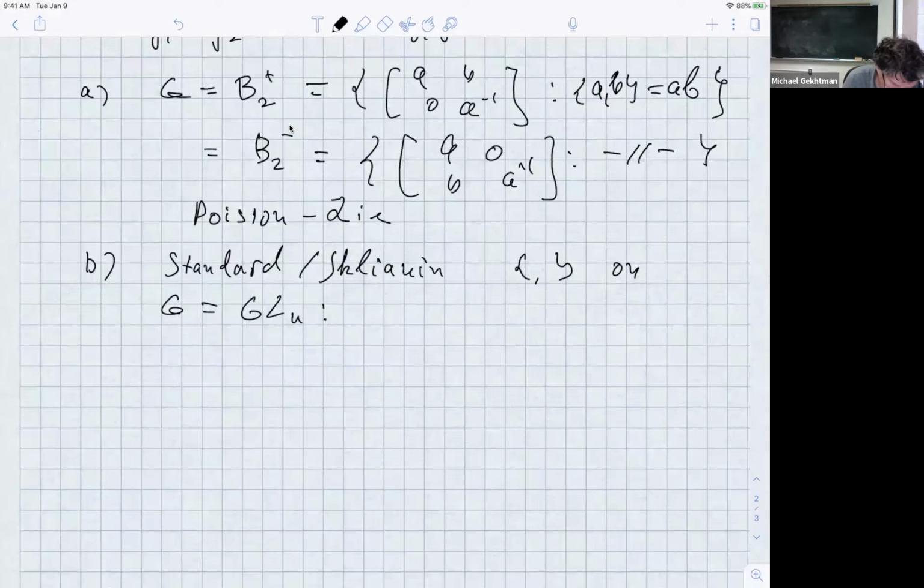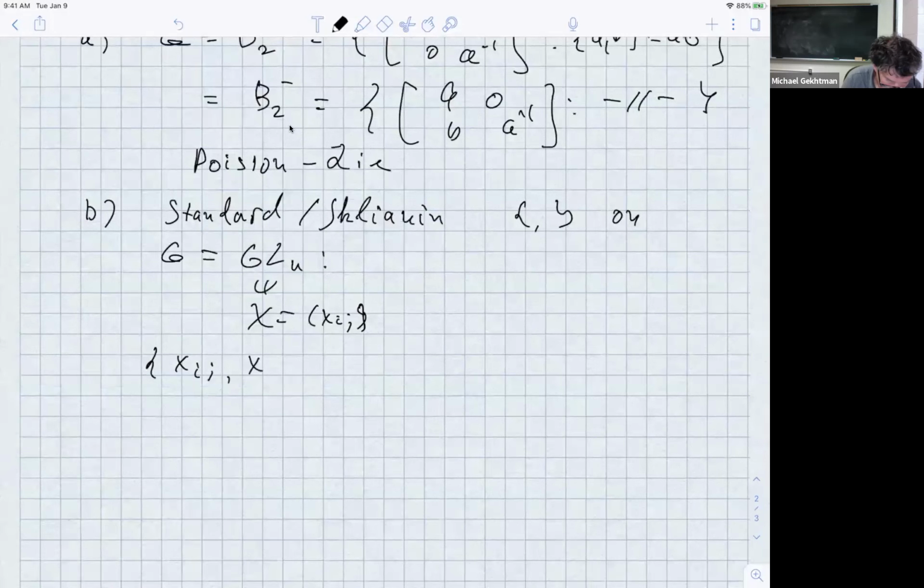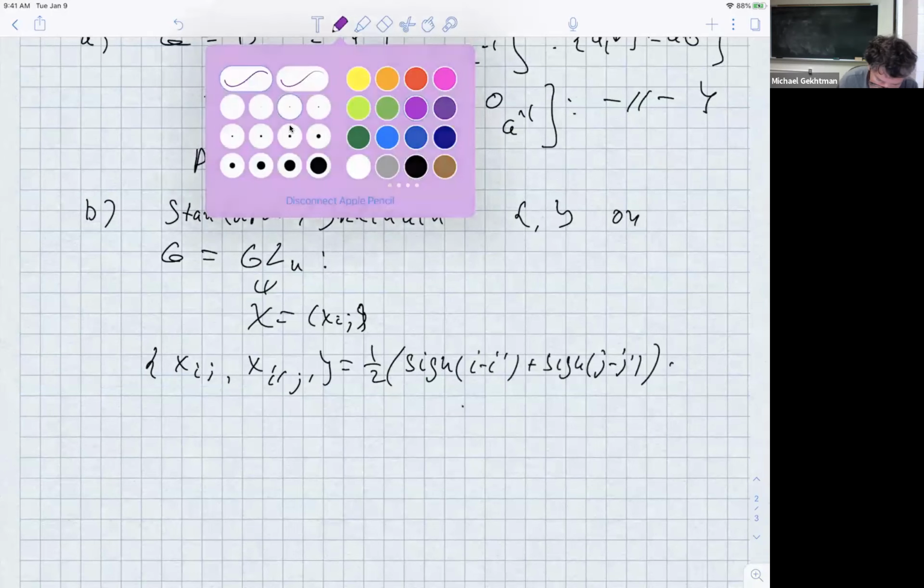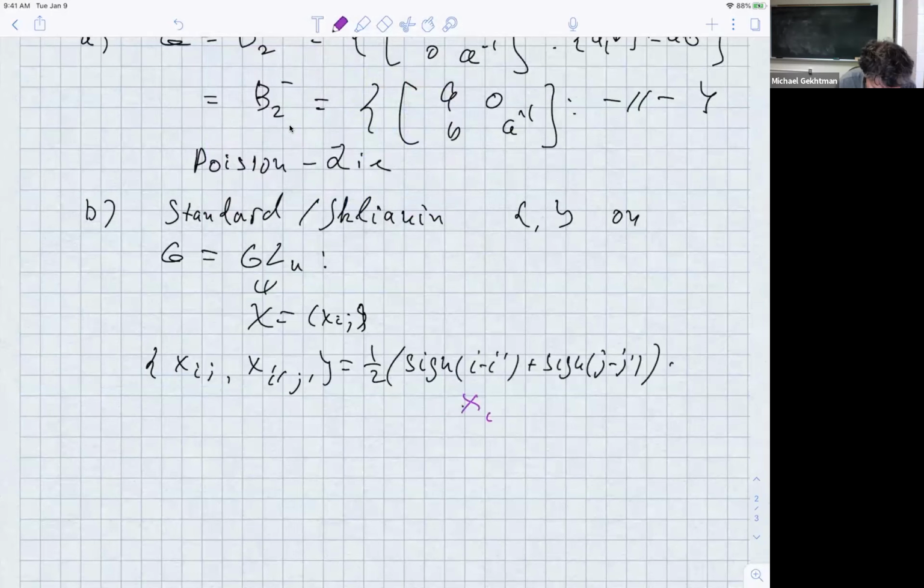Suppose you have a matrix X, x_ij, and then you write the Poisson bracket of x_ij, x_i'j' is 1/2 (sign(i - i') + sign(j - j')) times, and here let me emphasize it in a different color, x_ij' x_i'j.